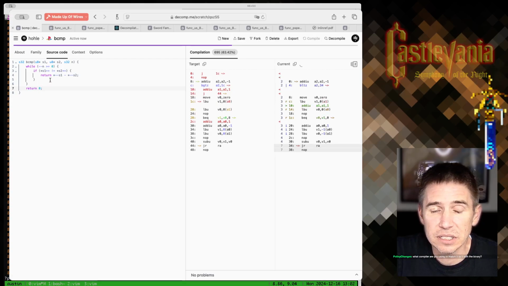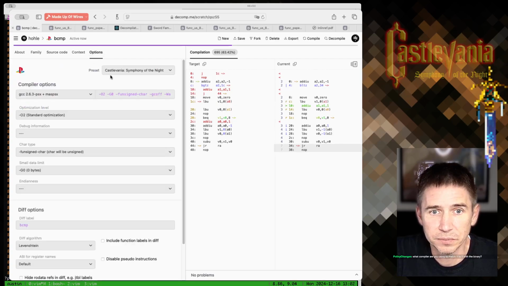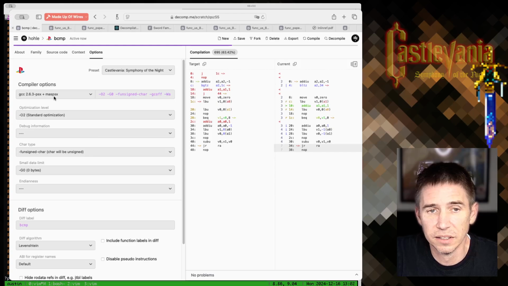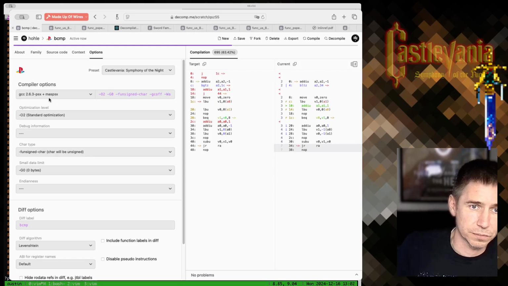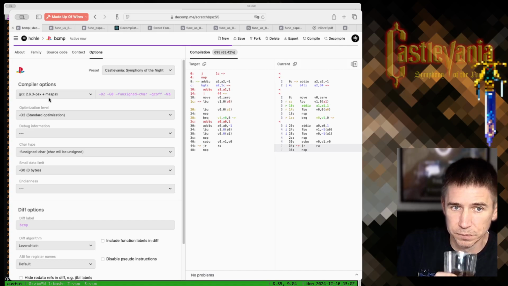For Symphony of the Night, it's GCC 2.6.3. And then there is a specific assembler for the PlayStation.